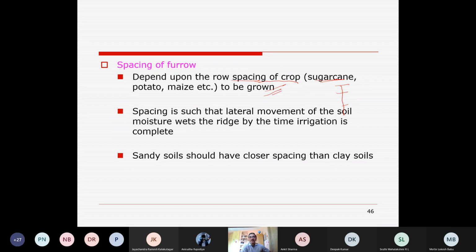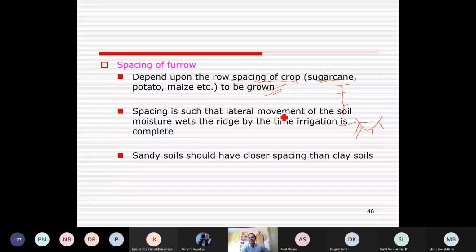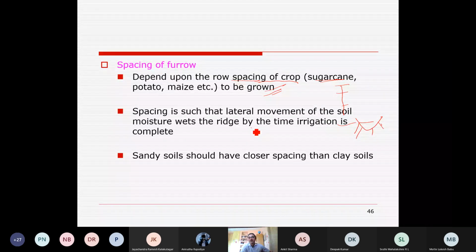Spacing should allow lateral movement of soil moisture from the furrow in such a way that it wets the ridge, means whatever ridge we have where we have plant, by the time irrigation is completed, it is enriching the root zone of the ridge where the crop is grown.